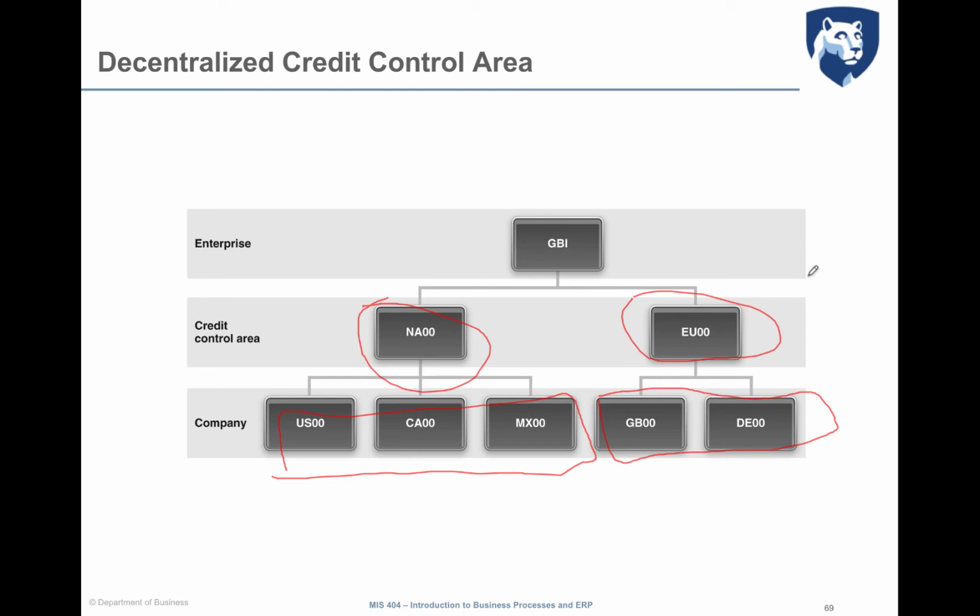So in this case, we will have people that verify credit worthiness and credit ranking for customers of the American market, while there will be other offices aimed at analyzing credit worthiness for customers in Great Britain and in Germany, so in the European market. Of course, again, it's up to the company to understand if these two offices are totally autonomous in defining the rules or if some alignment needs to be present.